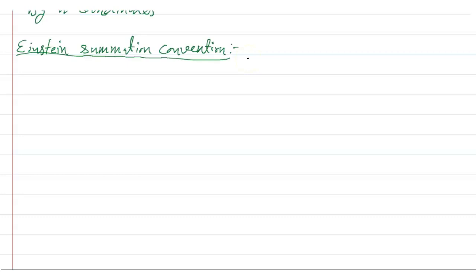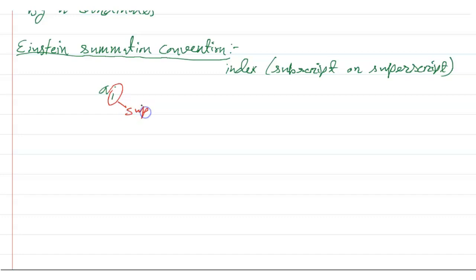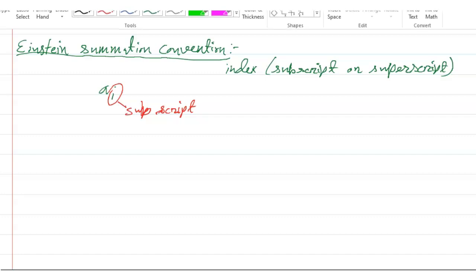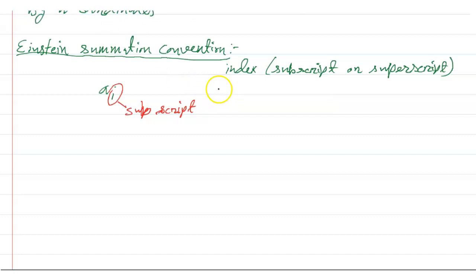Whenever an index, subscript or superscript, is involved: subscript means like A_i, this is called a subscript, and suppose A^i, this position is called a superscript. If it is repeated in a given term, summation should be done over that index from 1 to n unless otherwise specified. This is called the summation convention.